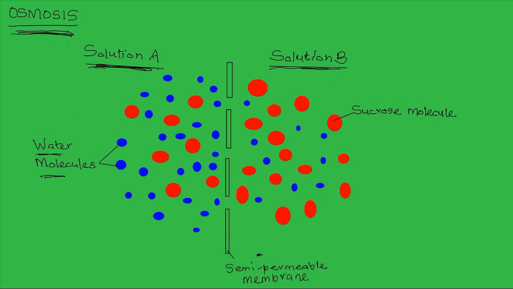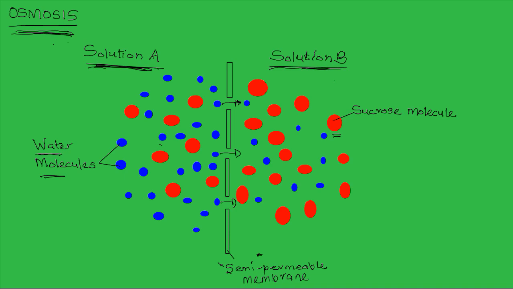Now, this semi-permeable membrane can allow water molecules to pass across, but not the other molecules. In this particular case, the sucrose molecules are too big to pass across. Because of this semi-permeability of the membrane, only water molecules will diffuse across. Osmosis is therefore a special type of diffusion because it's only the water molecules that are diffusing across and not any other molecule.